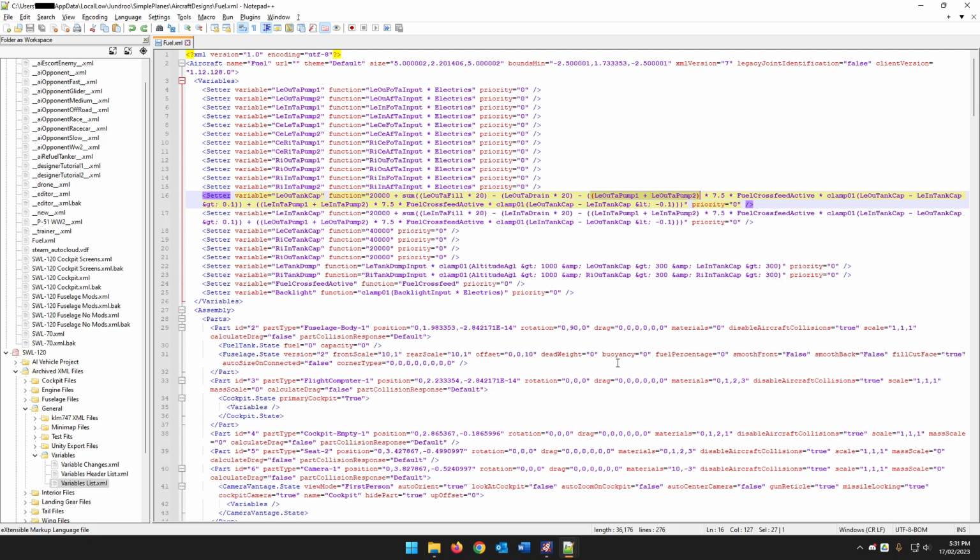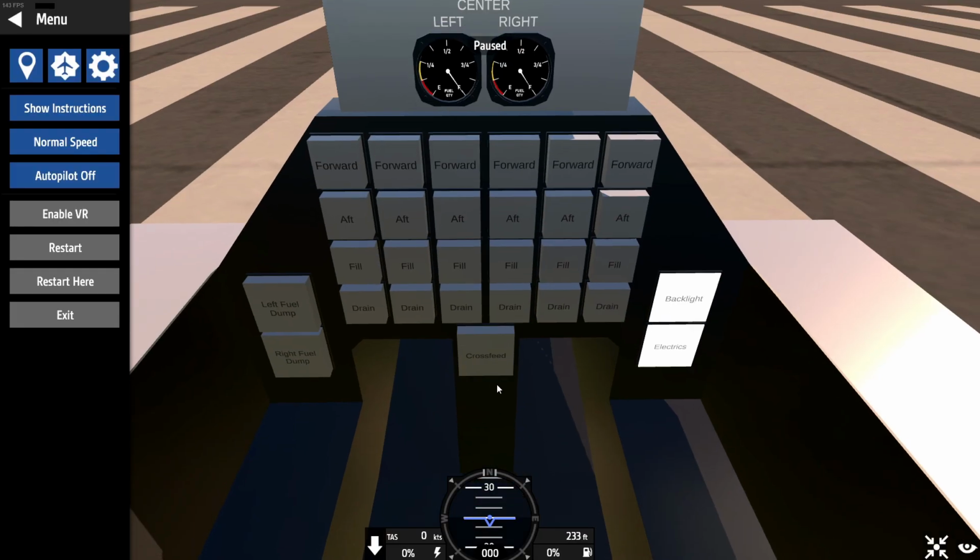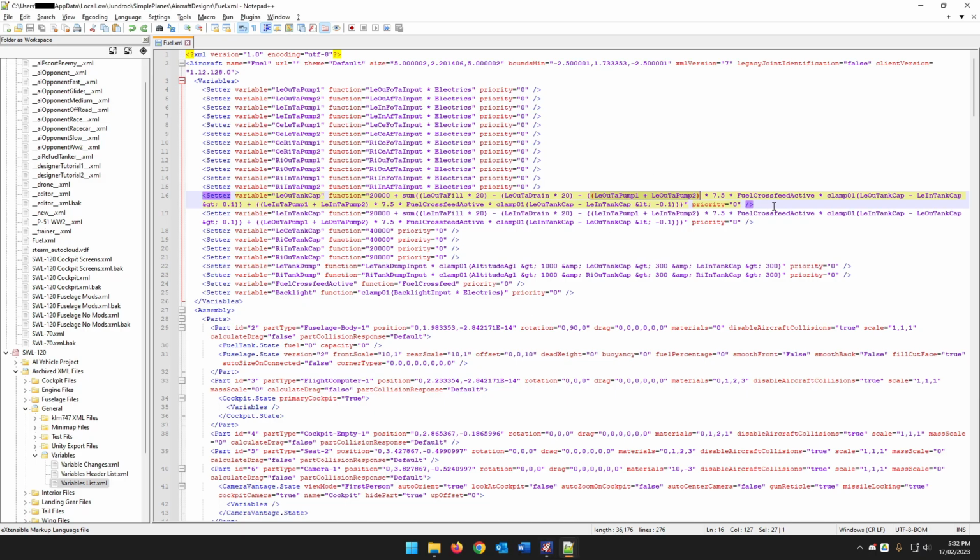So if you only have, say, one pump on in a tank, then it will have half the speed compared to if it had both pumps on. Then I times this by 7.5 just to get the rate of fill or drain rate, times by fuel crossfeed active. So if the fuel master crossfeed button, which is this button here, is off, then nothing will happen.